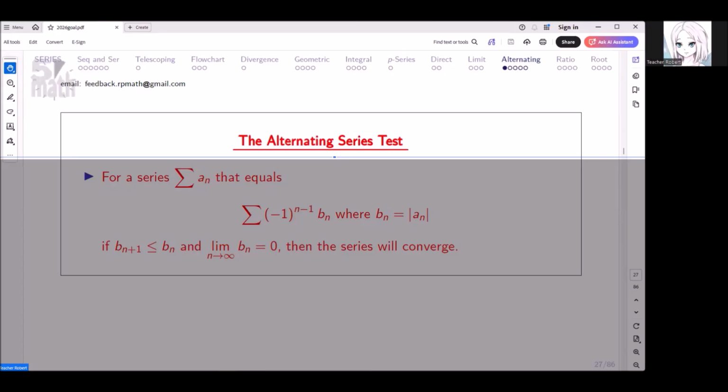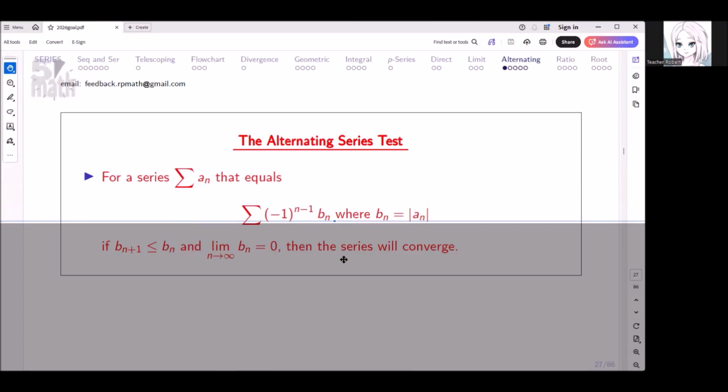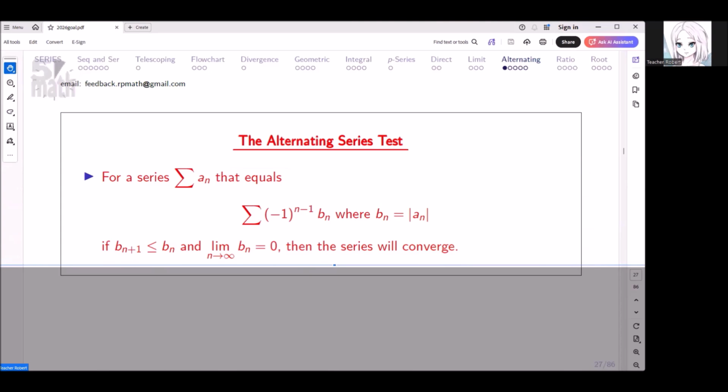The alternating series test. For a series a_n that equals (-1) to the power of n minus 1 times b_n, where b_n equals absolute value a_n, if b_{n+1} less than or equal to b_n, and limit n to infinity b_n equals 0, then the series will converge.